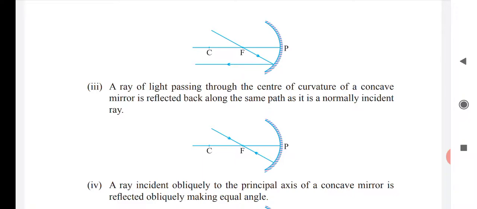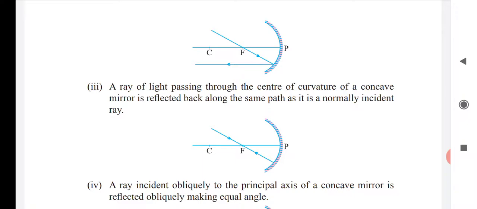If you send any ray passing through the center of curvature, after reflection the light ray will reflect back along the same path. Because at the point of incidence, when you send a ray through the center of curvature, the ray will fall normally. By the law of reflection, the angle of the incident ray will always be equal to the reflected ray, right?